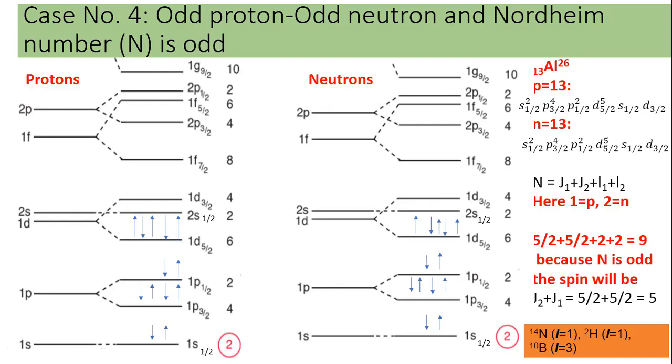I have discussed 4 cases in this presentation, and by using these 4 cases you can calculate the nuclear spin of any nuclide. However, it is important to note that there are a few exceptions, which are beyond the general knowledge, and maybe we will discuss them in future lectures.